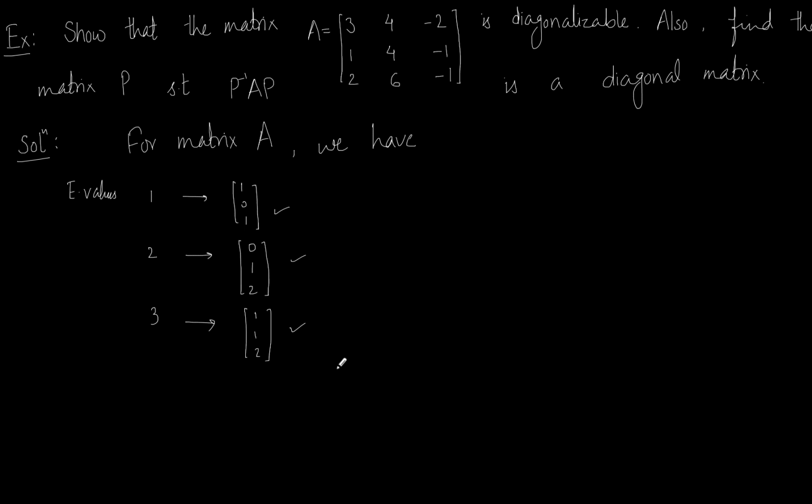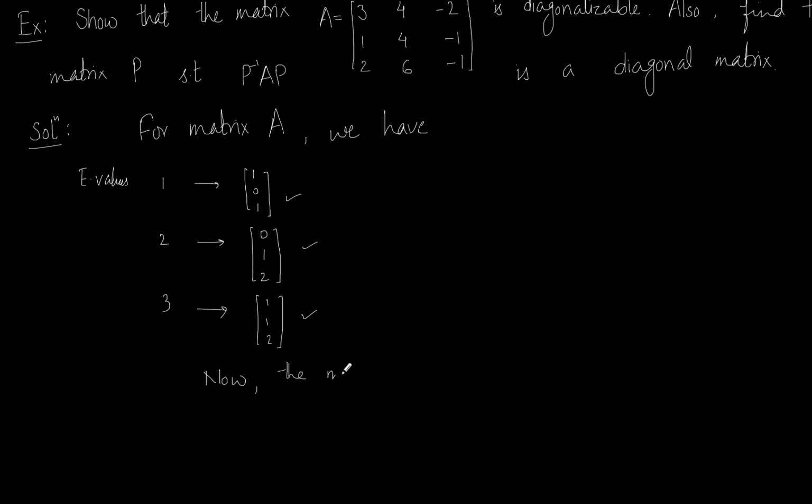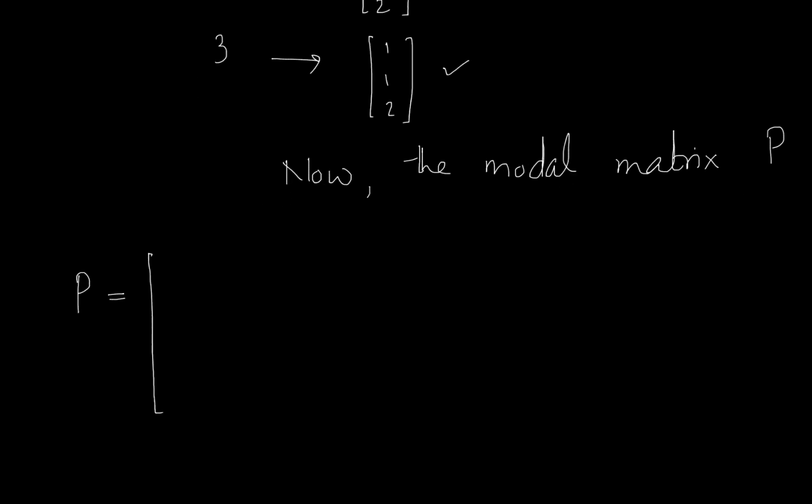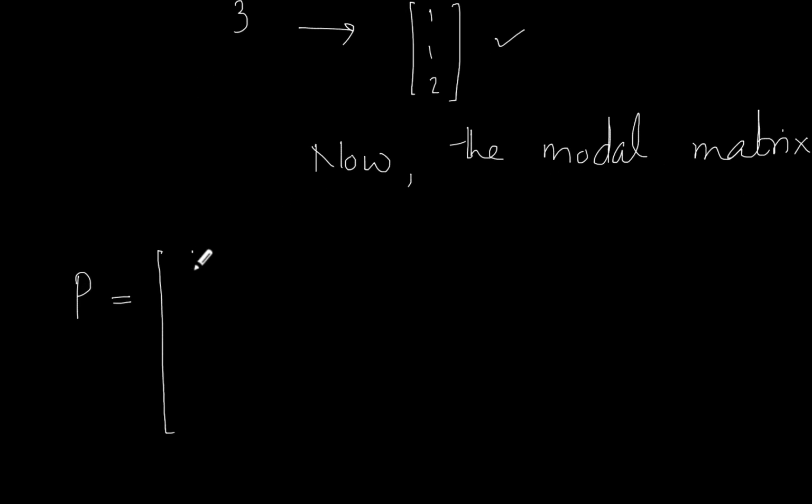So now we will form the matrix P. Just form the matrix P by the eigenvectors as column vectors. So you will have 1, 0, 1. Second eigenvector is 0, 1, 2. Third eigenvector is 1, 1, 2.